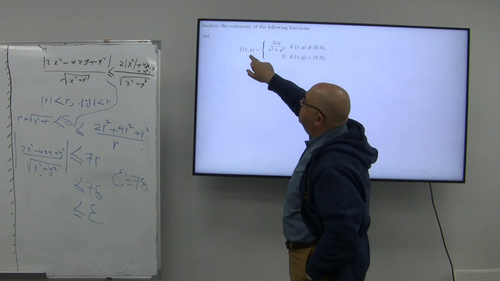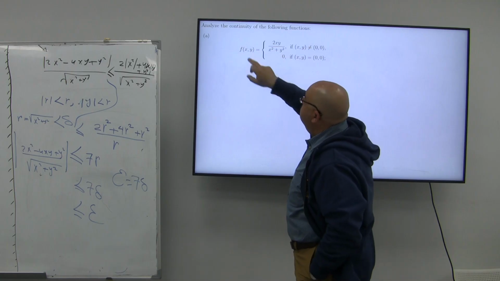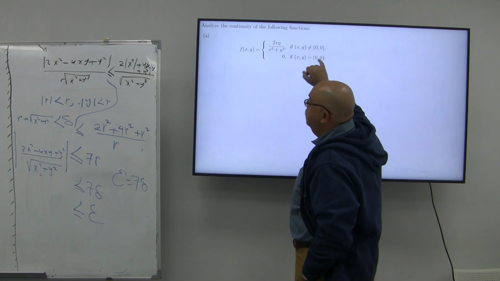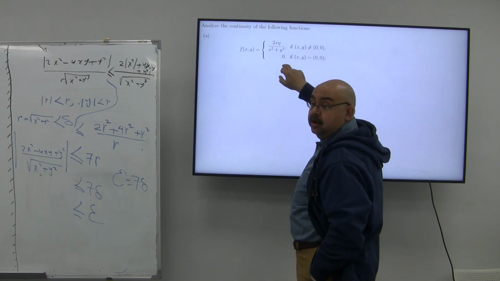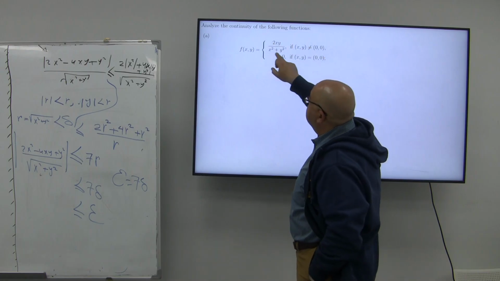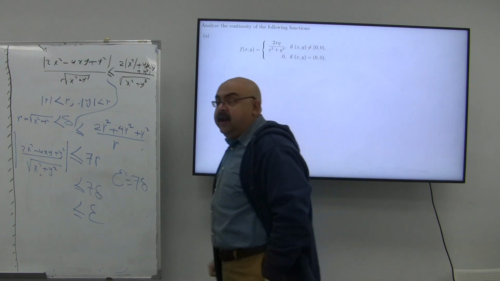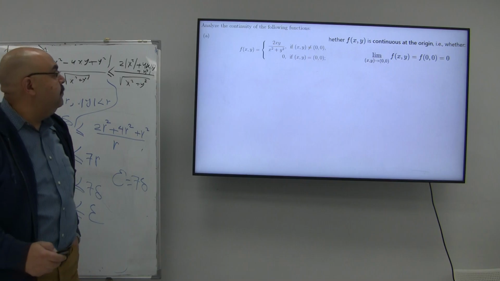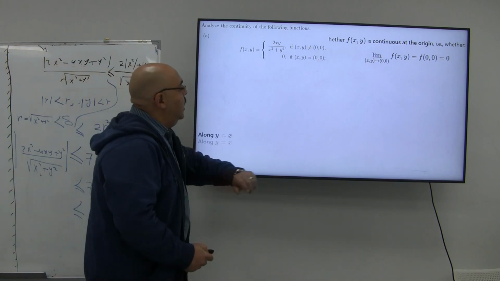If we are studying the continuity at the origin, we know the value of the function, because once x equals y, the value is going to be 0. Remaining just to study the limit in the neighborhood of the origin, which means when x doesn't equal y.